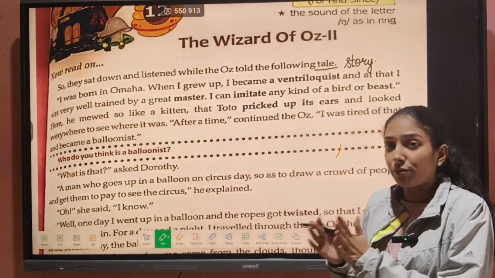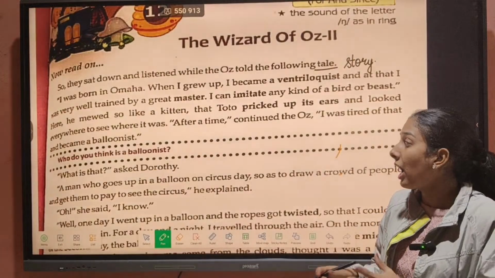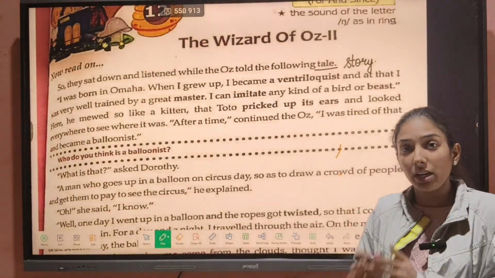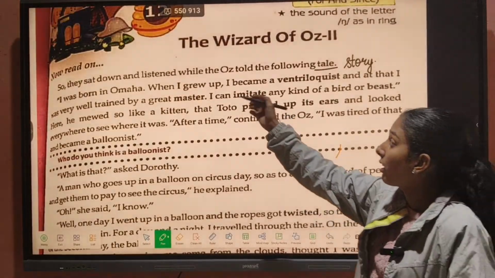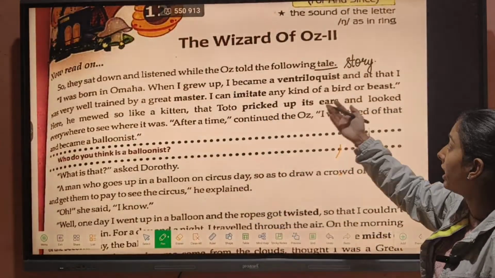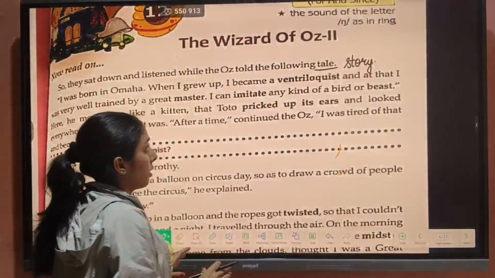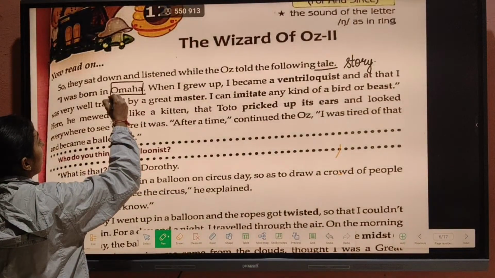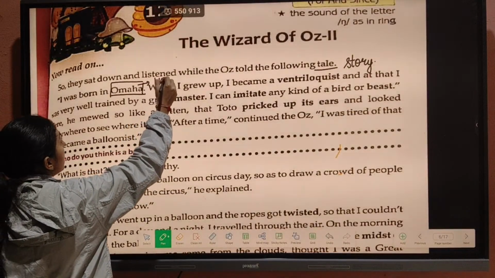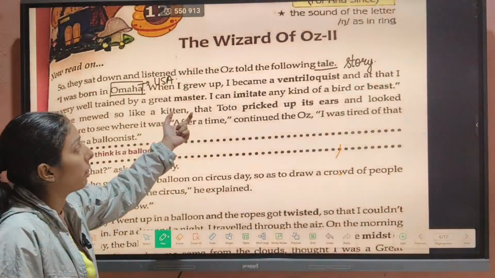Now, all the four people, Dorothy, Scarecrow, Tin Woodman, Lion, and including Toto, they are sitting next to Oz and they were listening to what Oz is telling them about him. Now Oz is telling about his story, that he was born in Omaha. Omaha is the name of city in USA. Okay, where Oz grew up.